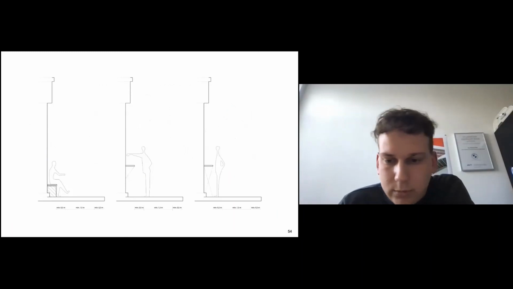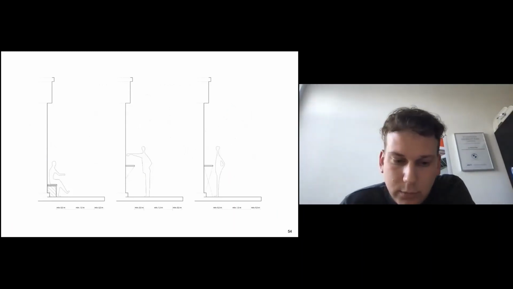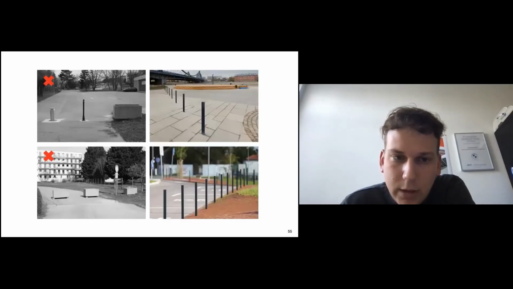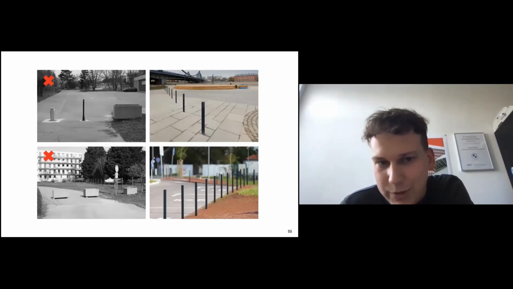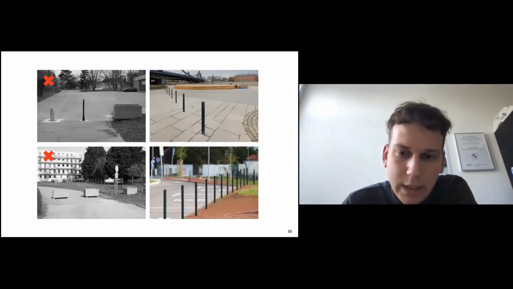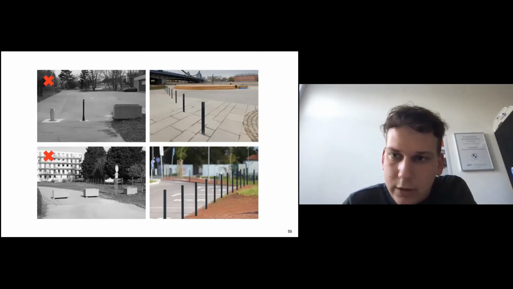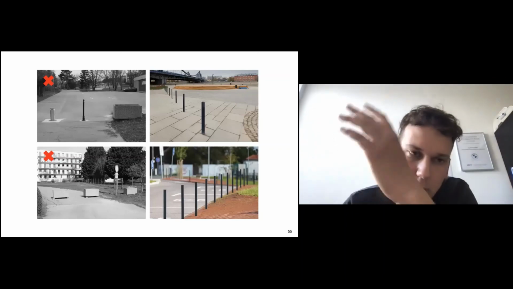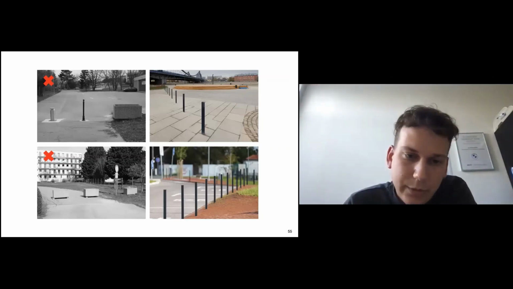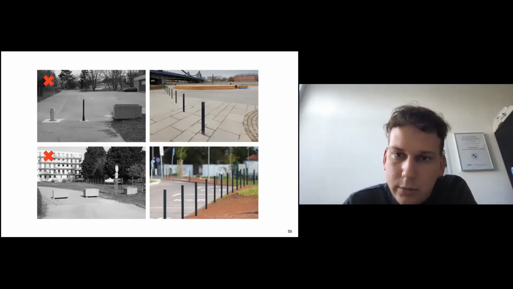We also did some technical drawings, and also some comparisons between bad examples, as you can see on the left screen, and those which are functioning in different places and cities all around Europe or the world.